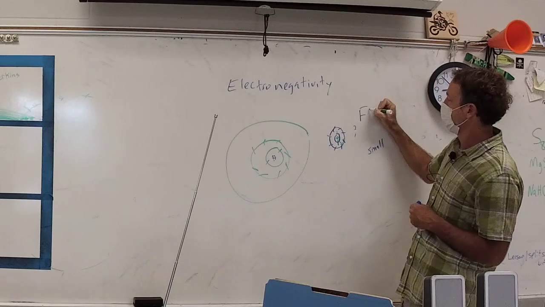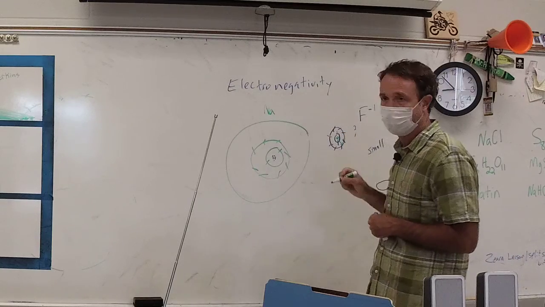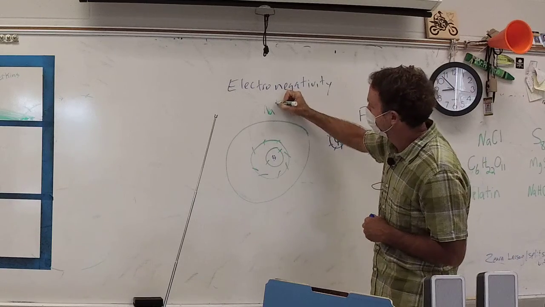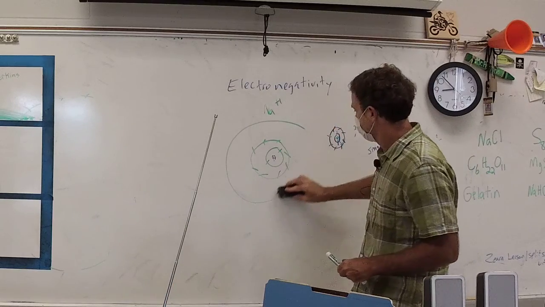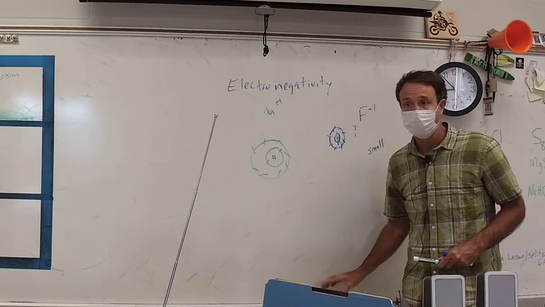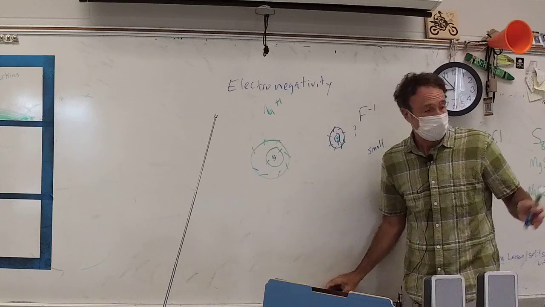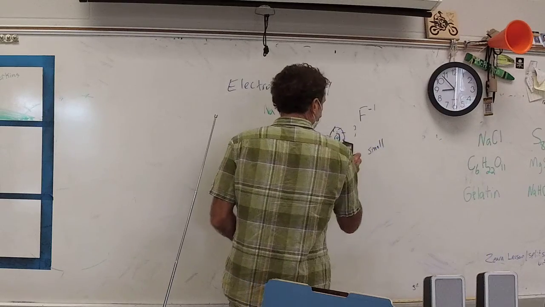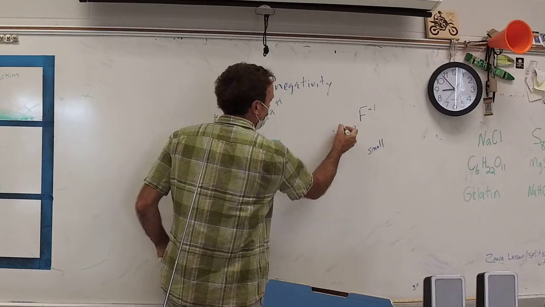And now you have fluorine -1. And now you have sodium, it just lost that electron, sodium +1. Sodium obviously shrinks a lot, and then fluorine inflates a little bit. Why does fluorine, Zach, tell me, why does fluorine's outer circle get a little bit bigger than it was before?